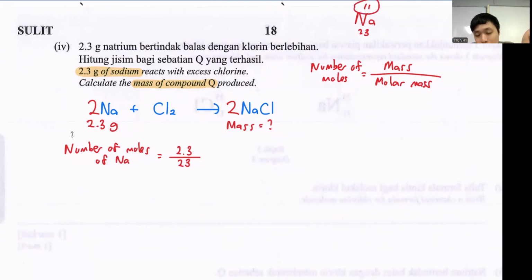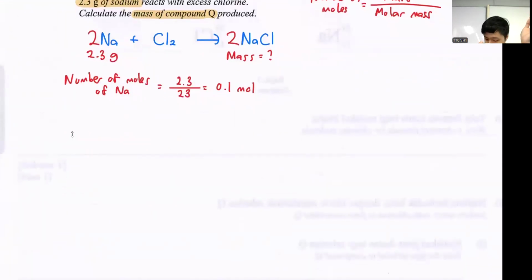The smaller number is the proton number. So you get 0.1 mole. And actually this paper is not that hard, I feel.